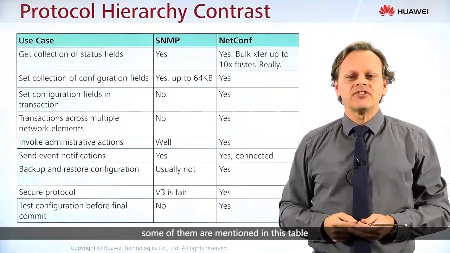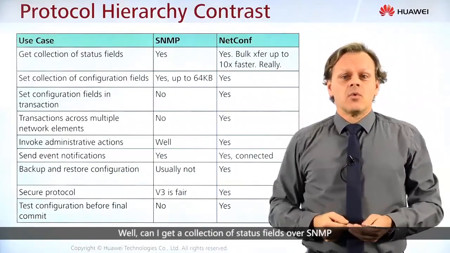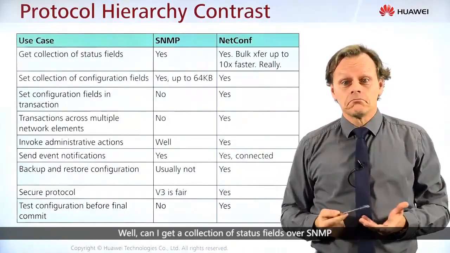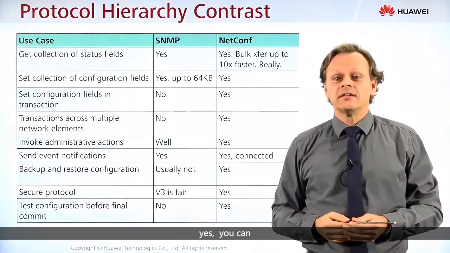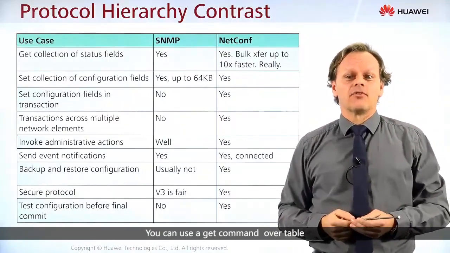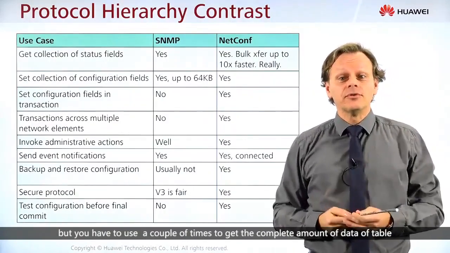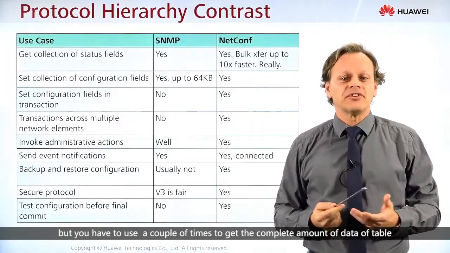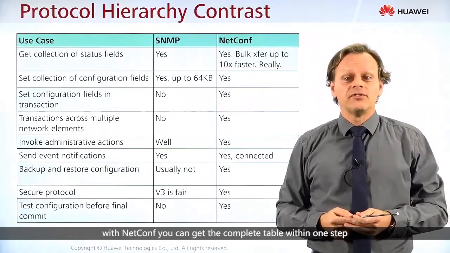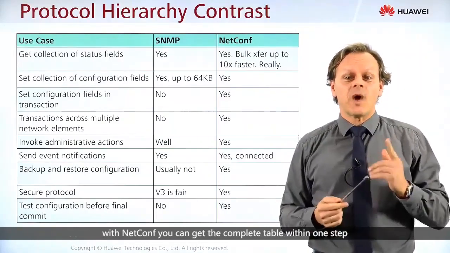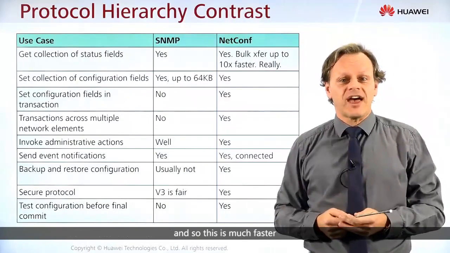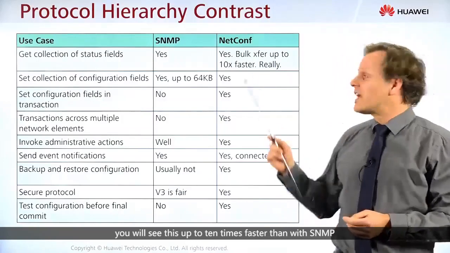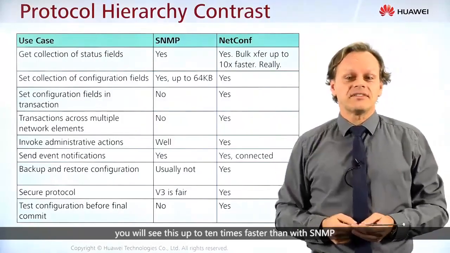Some of them are mentioned in this table. Well, can I get a collection of status fields over SNMP? Yes, typically you can. You can use the getNext command over a table, but you have to use and reuse this a couple of times to get the complete amount of data of a table. With Netconf, you can get the complete table within one step, and so this is much faster. If you do a measurement, you will see it is up to 10 times faster than with SNMP.